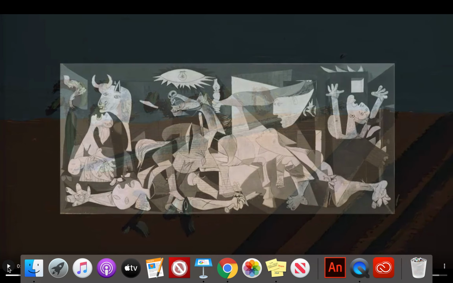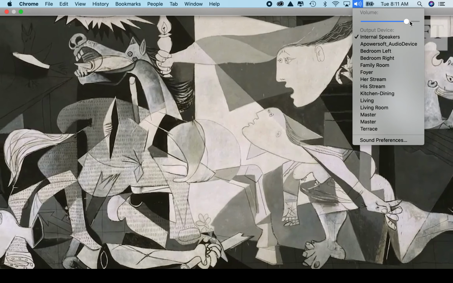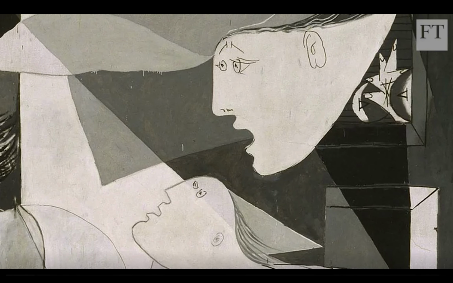Auction prices, that sometimes it's easy to forget that he also made work that isn't symbolic of finances. Picasso's Guernica, the most powerful anti-war statement in 20th century art. In her opinion.